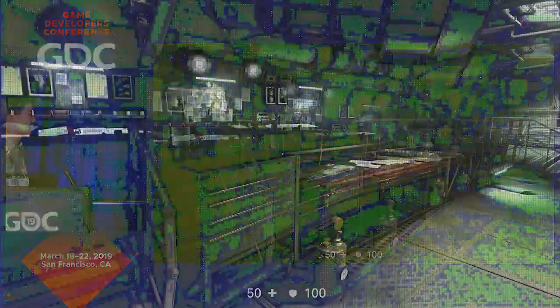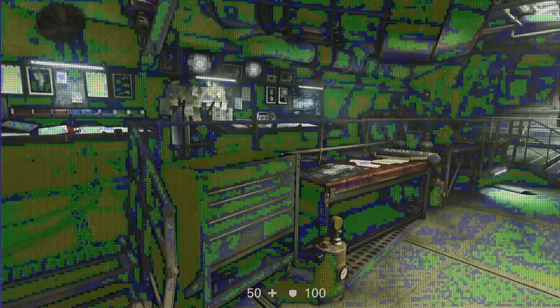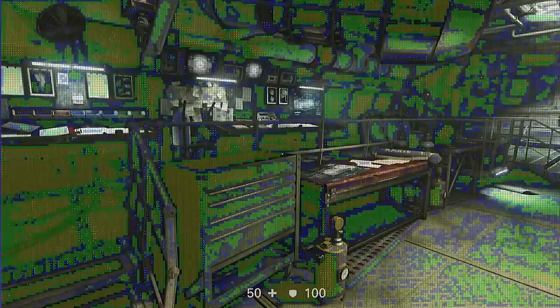I would like to demonstrate some interesting effects, like when camera motion is very strong, then you can see some kind of latency. But actually, it's not latency.